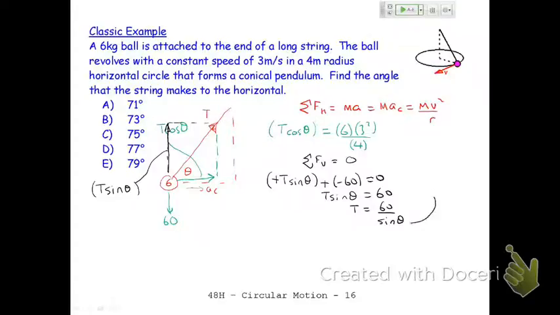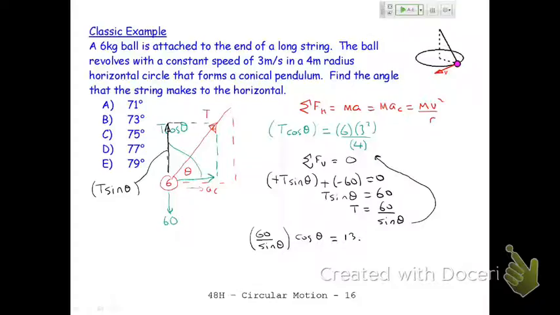And then I substitute that in there. So I say 60 over sine theta times cosine theta is equal to, we can do some math over here, 1.5 times 9 is 13.5.